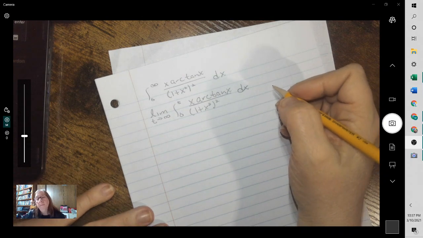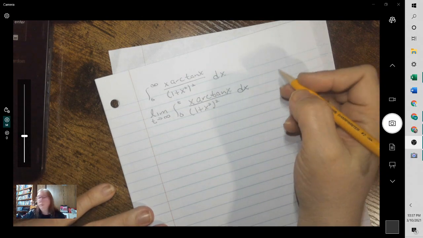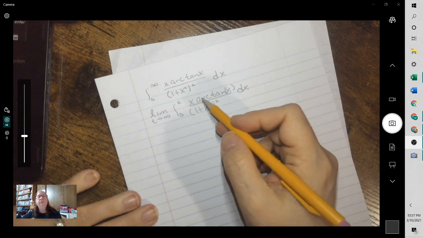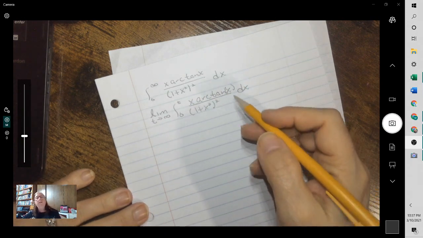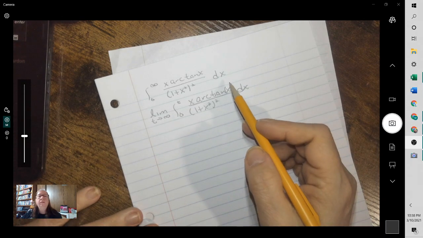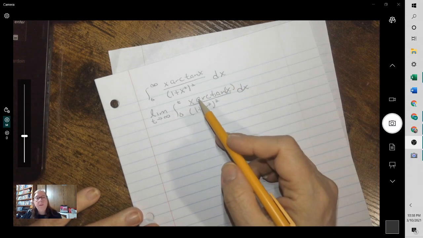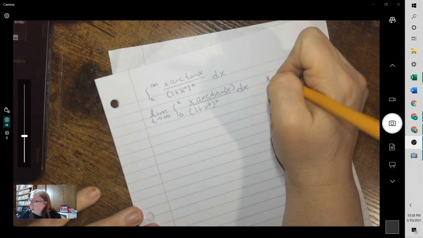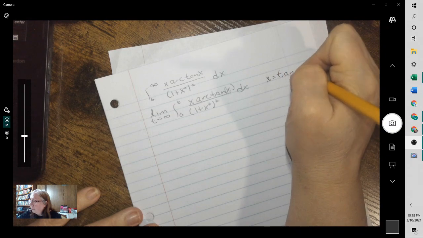Okay. Now we need to try and simplify some more. Well, what if we can get rid of this inverse here, the inverse tan? Remember, if you take the arctangent of the tangent of, I don't know, theta, it gives us theta. And so we could substitute here, and that would help simplify this, if x equaled the tangent of theta.